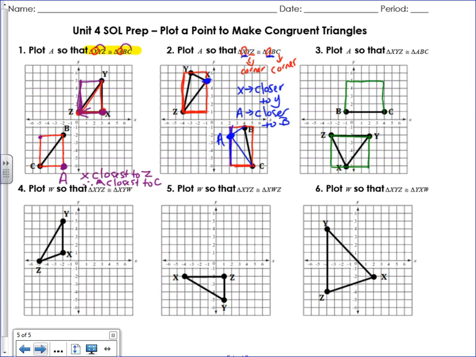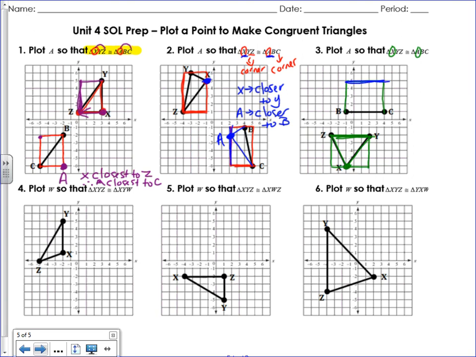I can see again, X should line up with A. Okay, well, X is on the side across from the straight side. So I know that A is going to be somewhere up here. I don't know where yet.